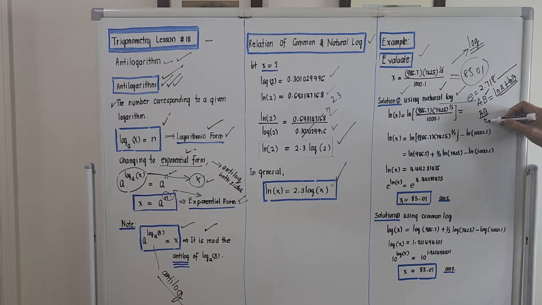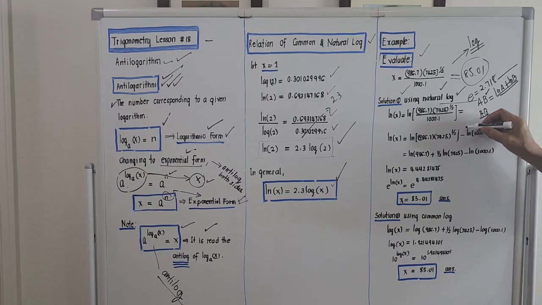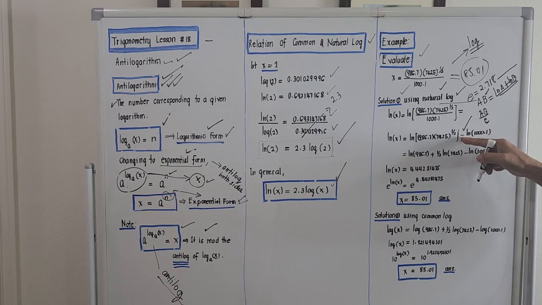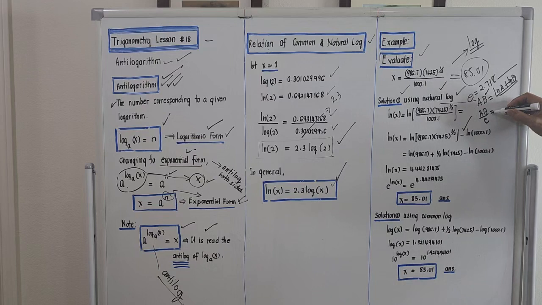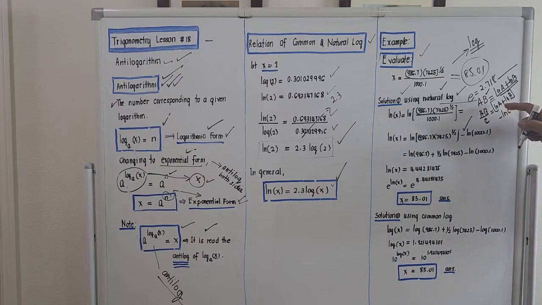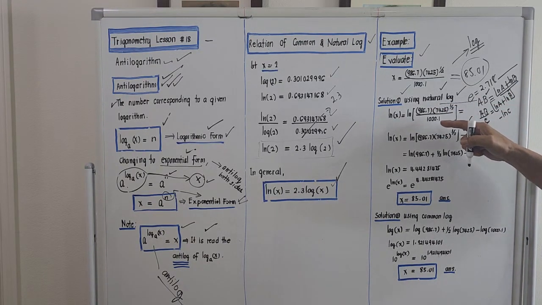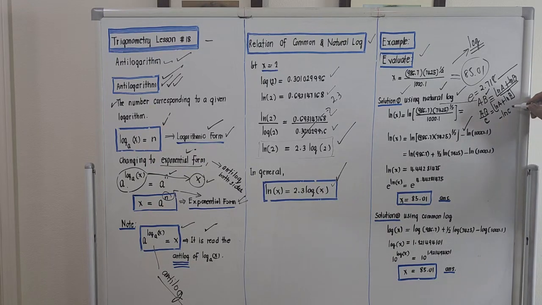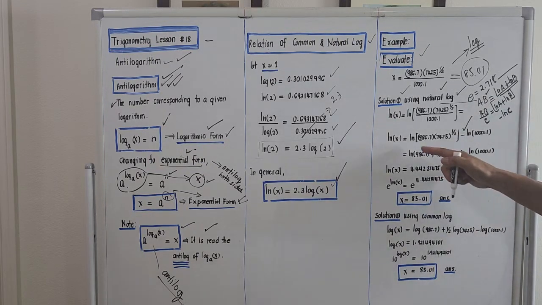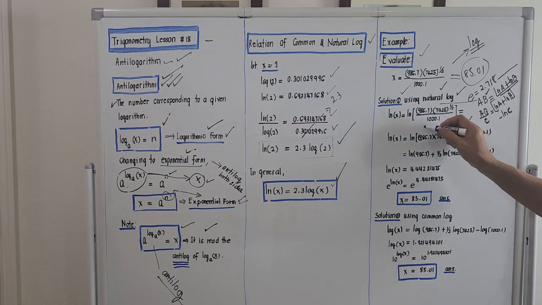And for C, since this is under the denominator, it should be minus. Right? Because this should be the natural logarithm of A plus the natural logarithm of B minus the natural logarithm of C. This is the total numerator. The simplification of the product will be this one. And for the denominator, it should be a minus natural logarithm of C.